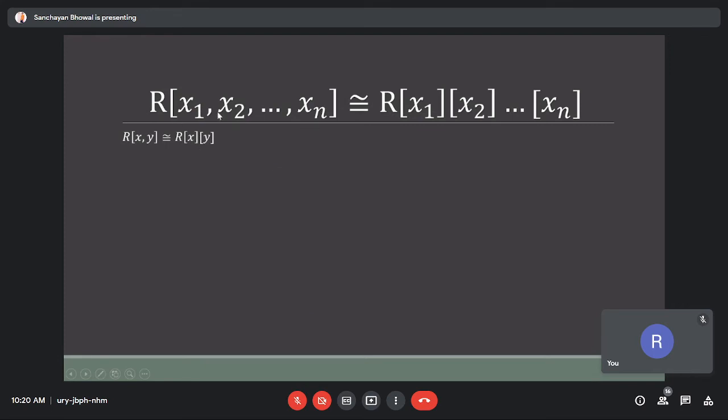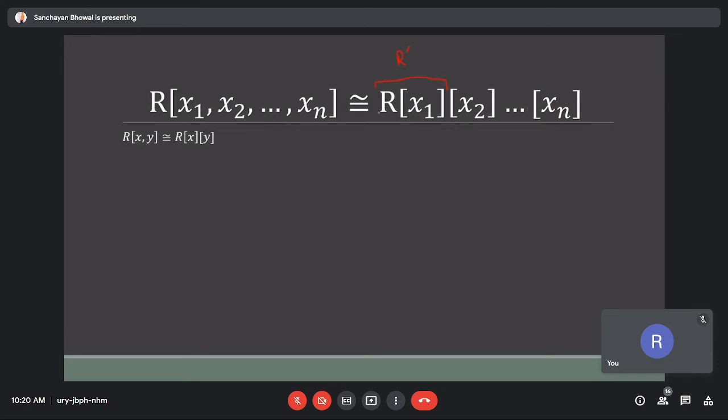Now R x1 x2 xn is isomorphic to R x1 x2 xn, nested. What is this? This thing is again a ring. Let's say this is R dash. Now R dash x2 is again a polynomial ring with coefficients in R dash, and similarly we can continue with this.